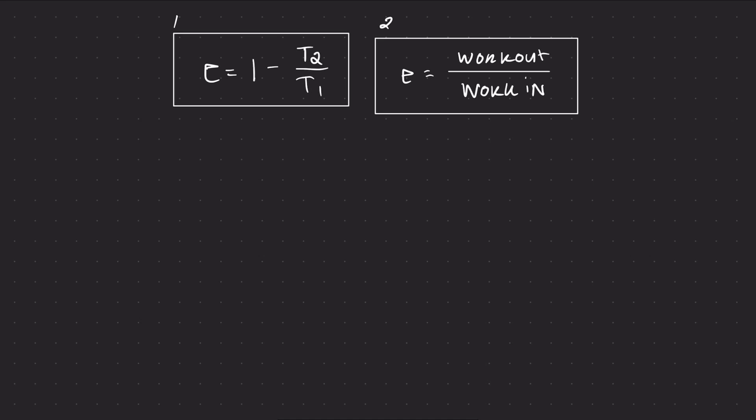Just so we have some variables here, T equals temperature, and work out and work in we will compute using joules, so energy. And so we can look at an example. Let's say we want to compute the limit of efficiency of an engine, and the data points we have are the initial and final temperature.